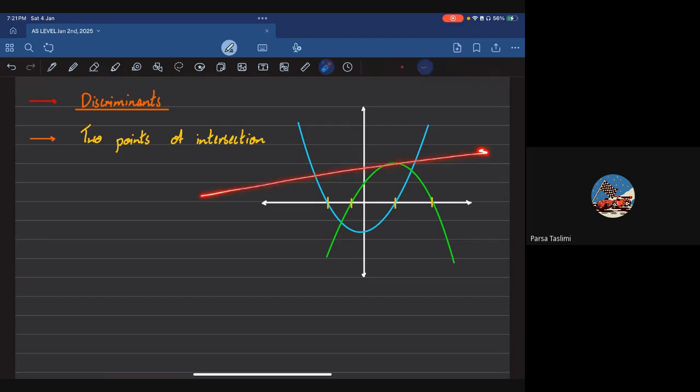For that question, you're going to put the two equations, the line and the curve, together, and then try to solve them using the discriminant. So whenever there are two points of intersection, that means two real roots, and you can say two solutions to the equation.